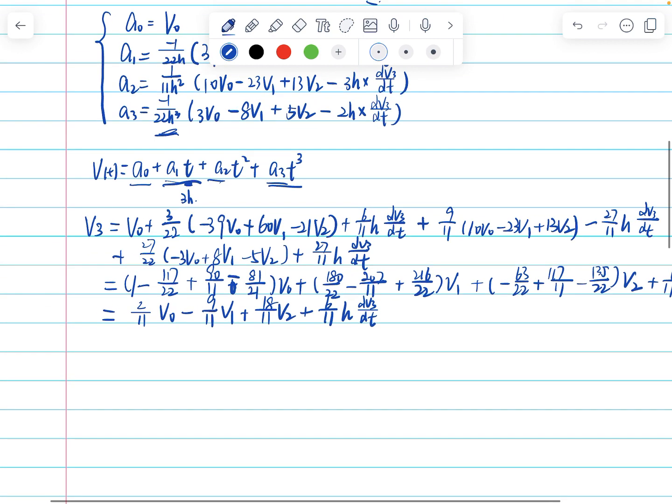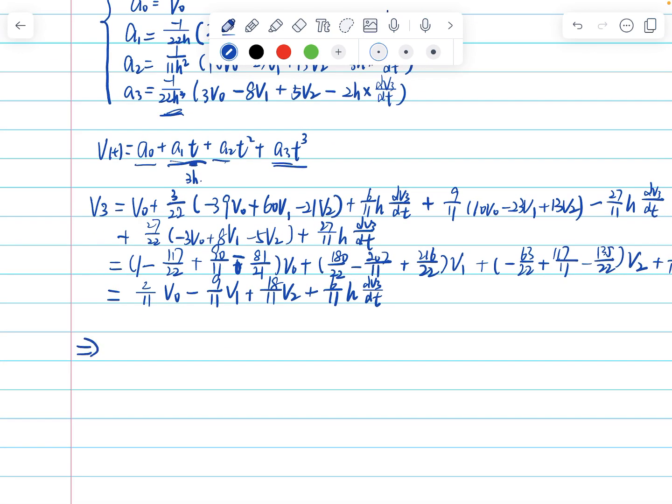Okay, and then we only need to swap out 3 with x. And for V0, then it's x minus 3, right? X minus 3 plus, not plus, minus 2.